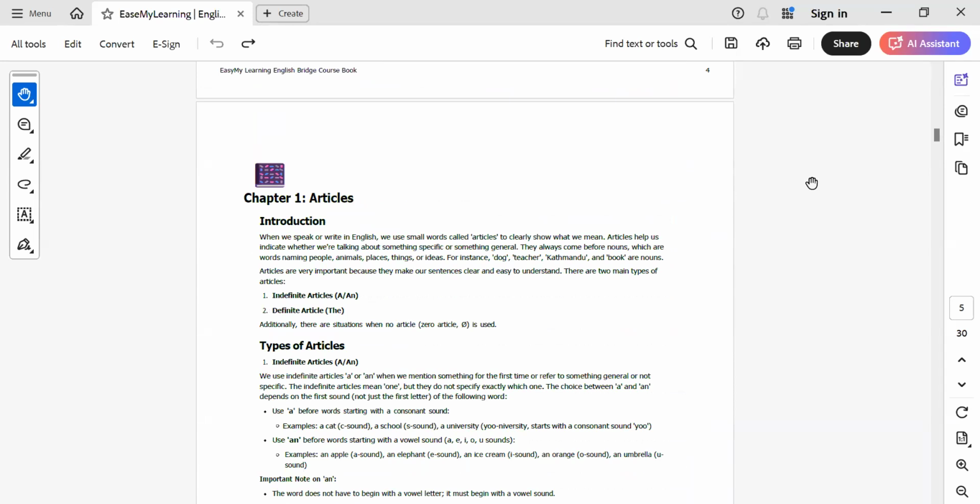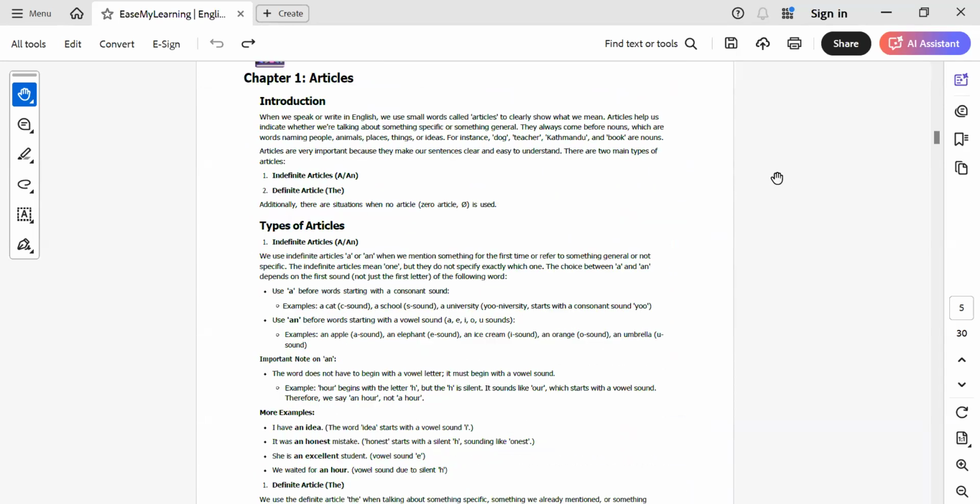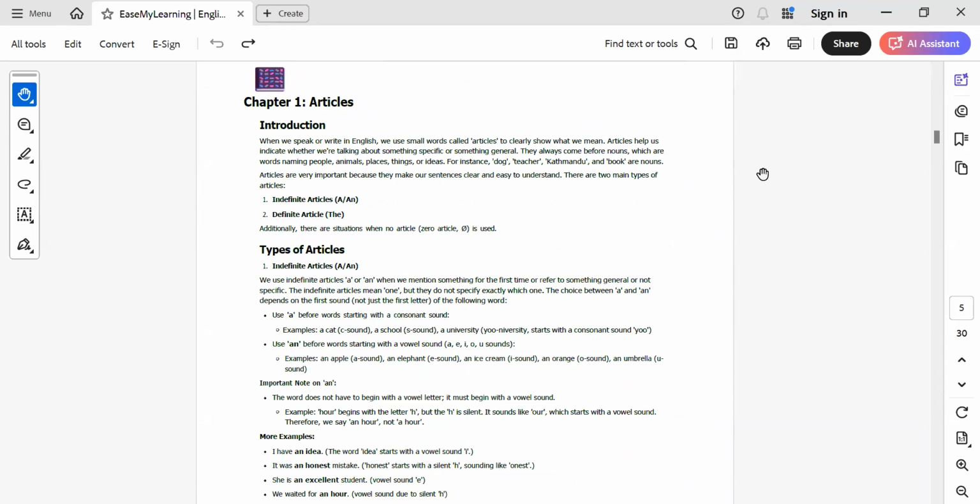So, while speaking English, we have different words which we use. Among these words, articles are a type of word which help us describe a certain thing and ascertain that we are talking about a particular thing, not another thing.